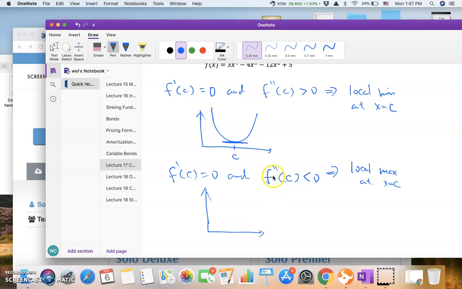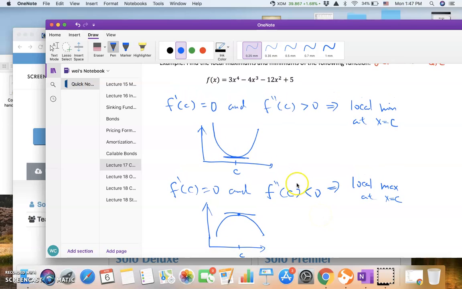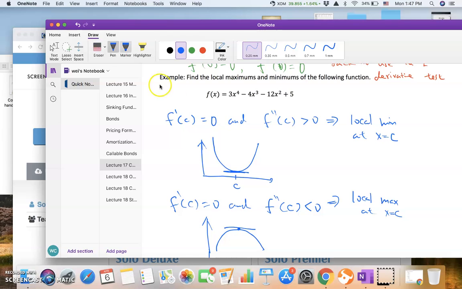Because if the second derivative is negative, the function is concave down. And at c, if we have a horizontal tangent line, the function is going to have a local maximum. Okay, then let's try this example using this method.